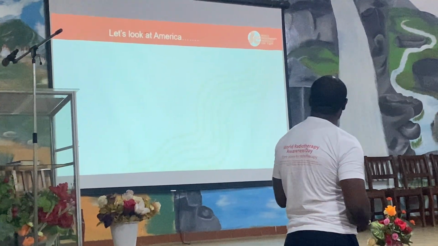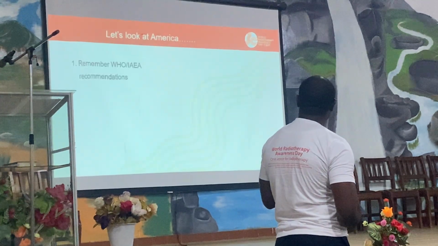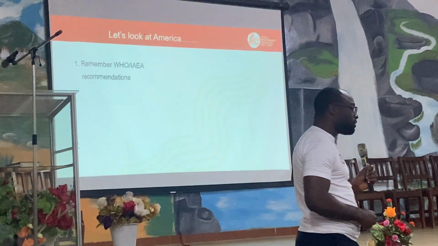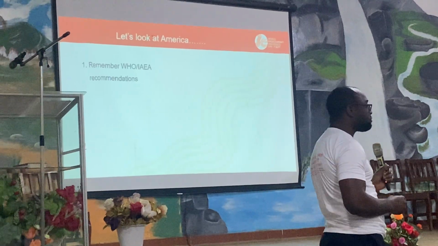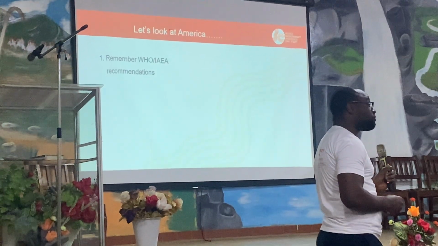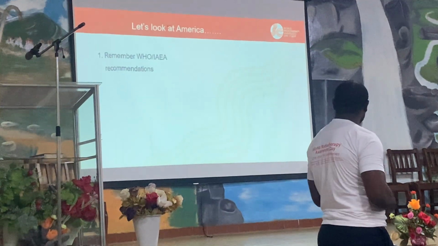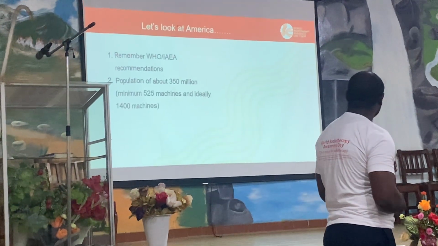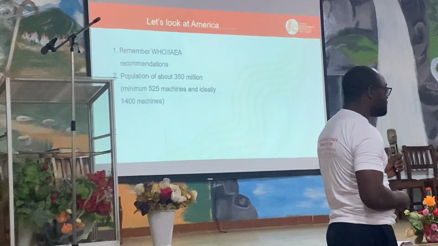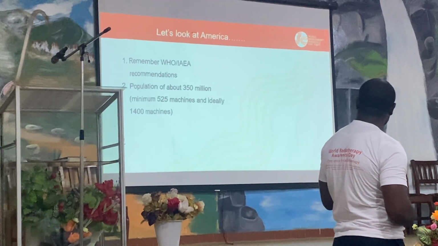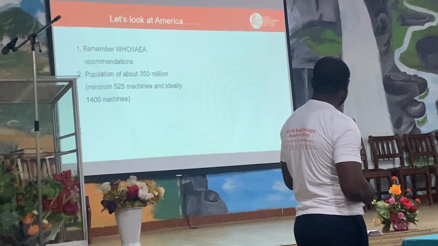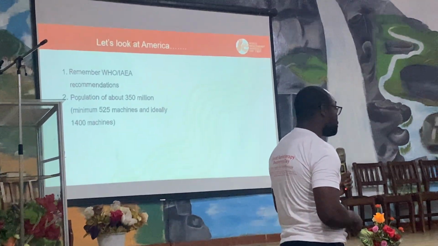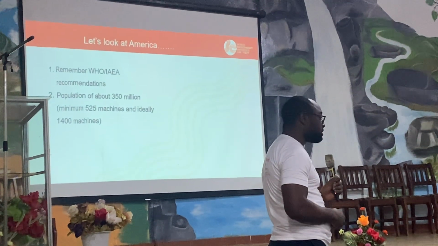So let's take America as an example. If you remember those WHO recommendations, which state every country should have a minimum of 1.5 machines per million and 4 units per million ideally. America has a population of about 350 million. So if you consider that mathematics, it means they need a minimum of 525 machines, but ideally 1,400 machines.